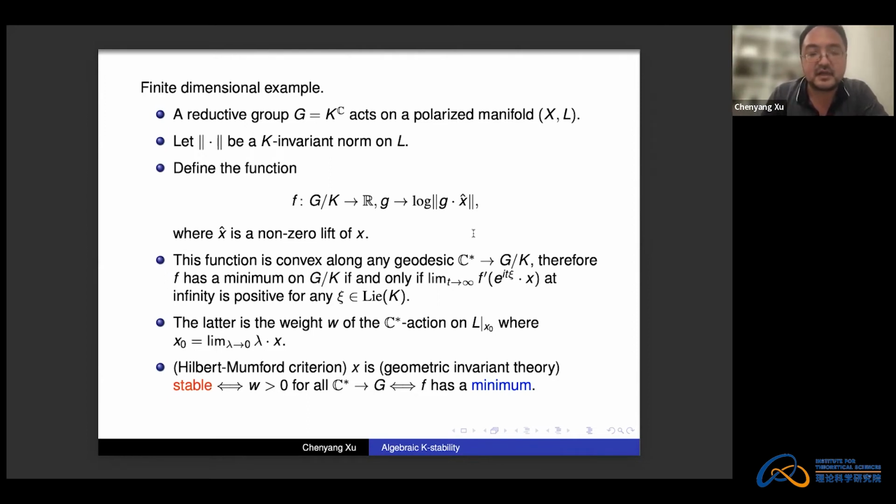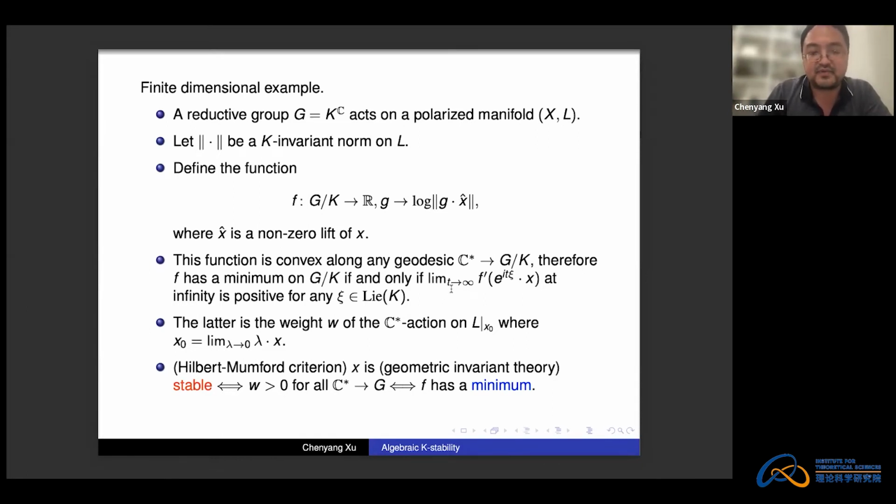But this slope at infinity, indeed, is actually an algebraic quantity. Now if you have this ray, this group also acts on X, and there is a limit which is x0. Because x0 is the limit of this one parameter group acting on x, L restricted to x0 gives a one-dimensional representation of C star, which is just determined by its weight.